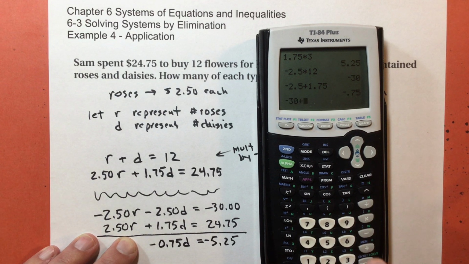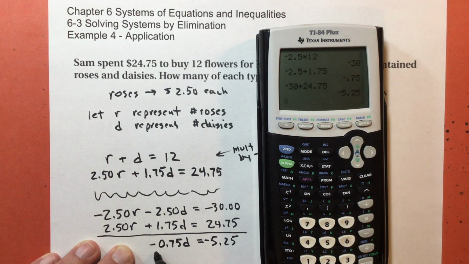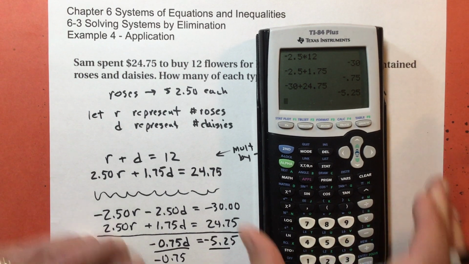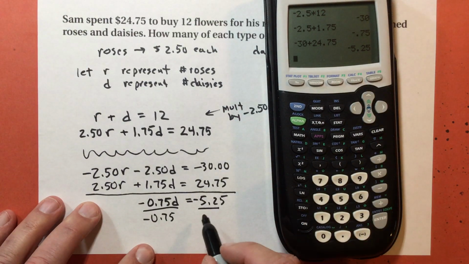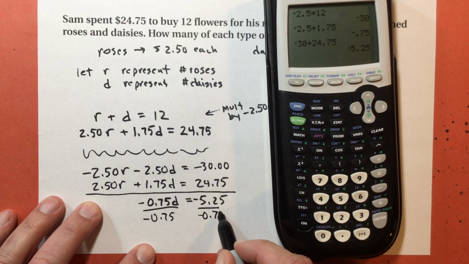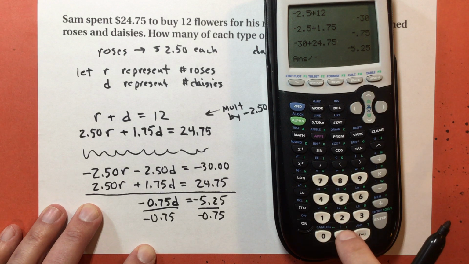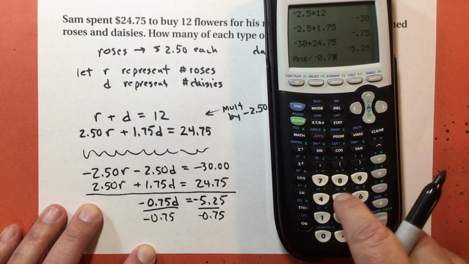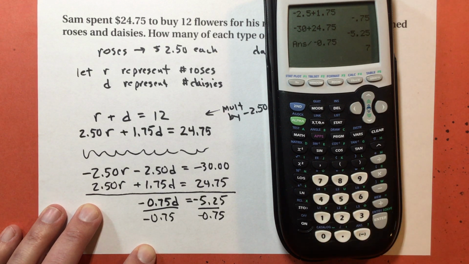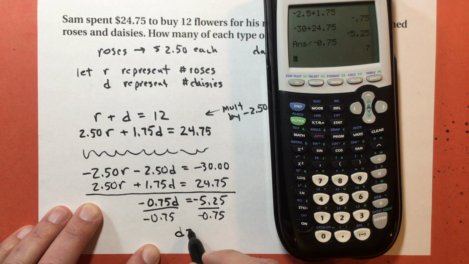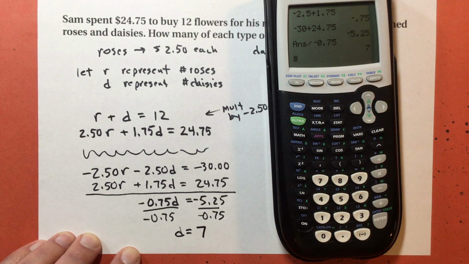Negative 30 plus 24.75 is negative 5.25. I'm going to divide. Probably need to move that up so you can see it. Negative 0.75. And I'm going to take this, I'm going to divide it by negative 0.75. That tells me that the number of daisies was 7.